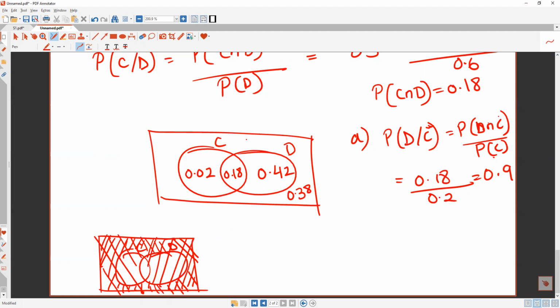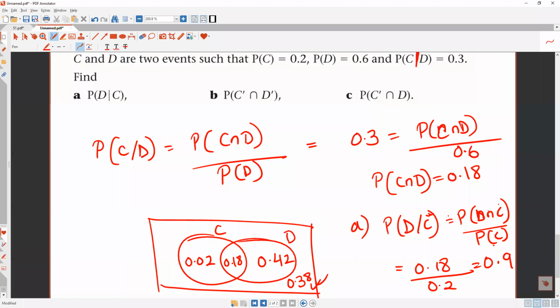You can see outside C and D both the lines are getting crossed, so therefore your B is 0.38 because it is outside C and D. Clear everyone? C complement intersection D complement as well.